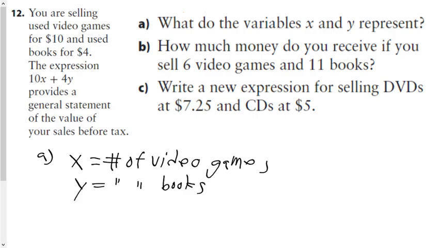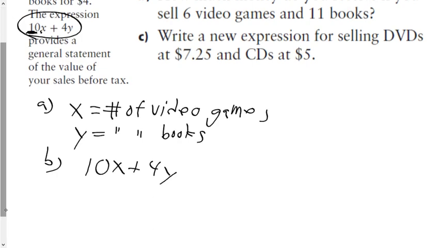So once we know that, it makes sense because $10 per and $4 per means if I take the cost of $10 and multiply it by the number of video games I sell, that will be the money I generate from that. Question B says, how much money do you receive if you sell 6 video games and 11 books? On the test, if this question was asked, which it seems reasonable a variation will be asked, you always start with your expression.